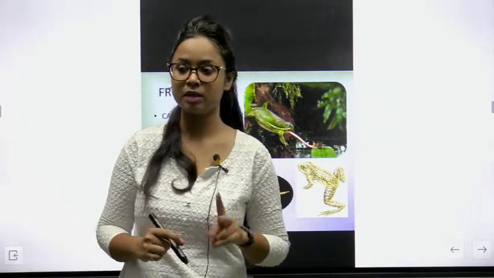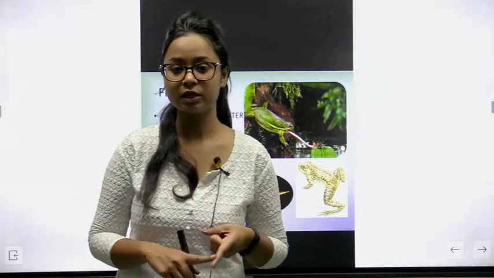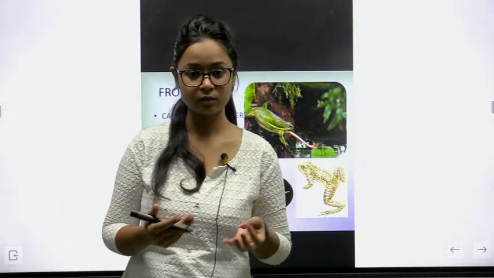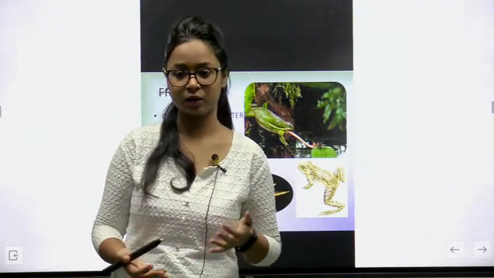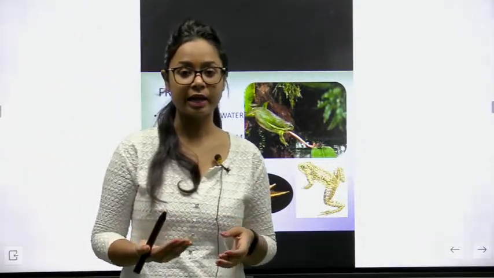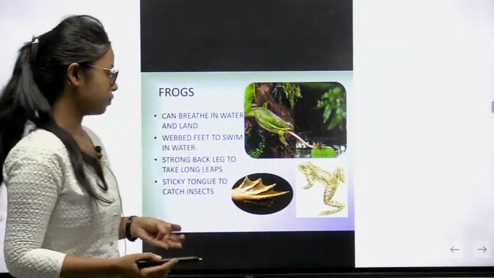Now, the environment is divided into 2 parts, that is biotic and abiotic. Biotic components include every living organism, that is animals, human beings, plants, everything. Okay, and abiotic components which affect our life, that is sunlight, water, air, they all come under abiotic components.